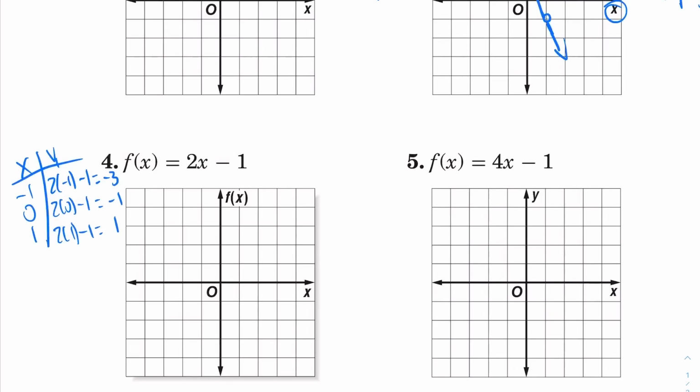So our first one is -1, -3, 0, -1, 1, 1. Connect those with a line. Done.